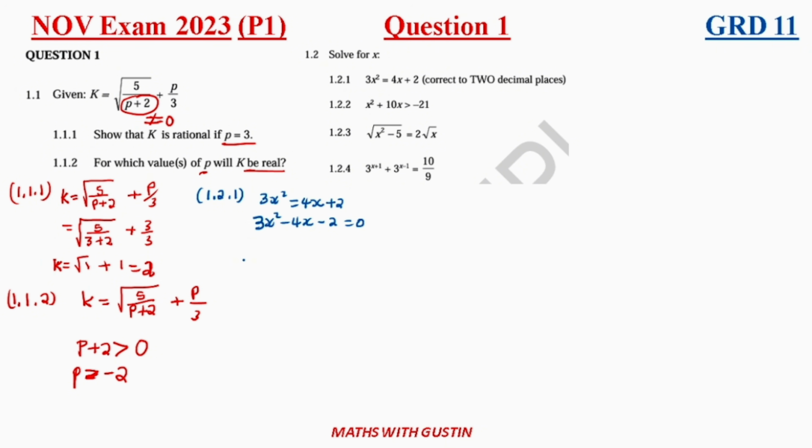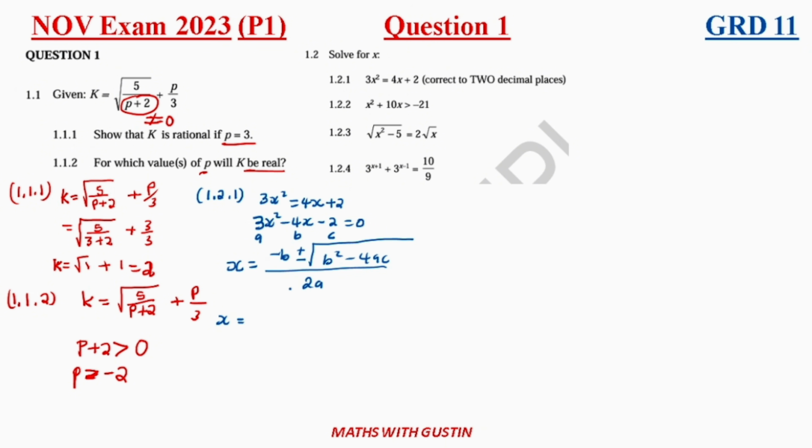All right, so what does the quadratic formula say? It says the roots are equal to negative b plus or minus the square root of b squared minus 4ac, all over 2a. Let's go ahead and substitute. This one is a, this one is b, and the last number there is c.